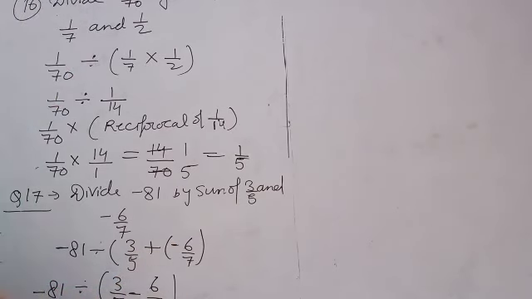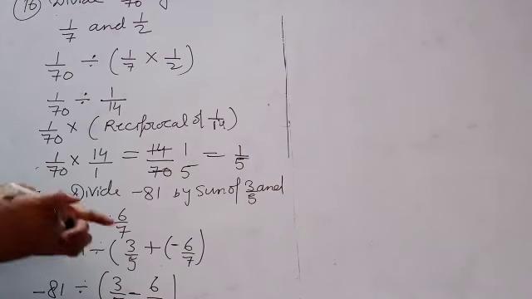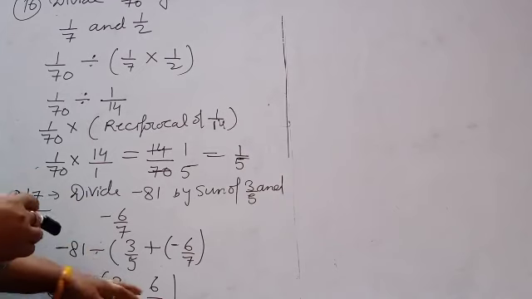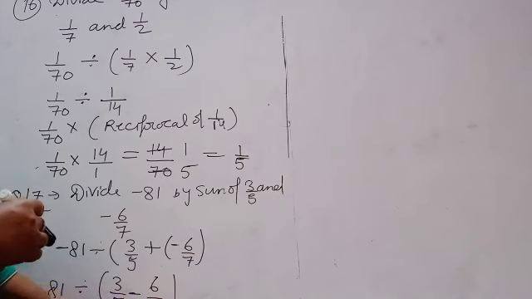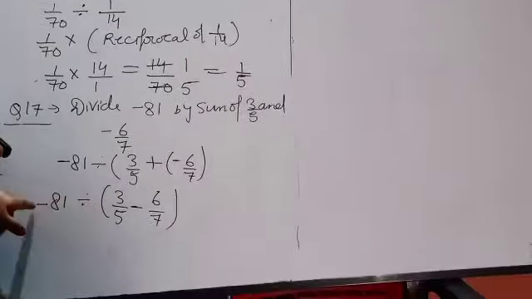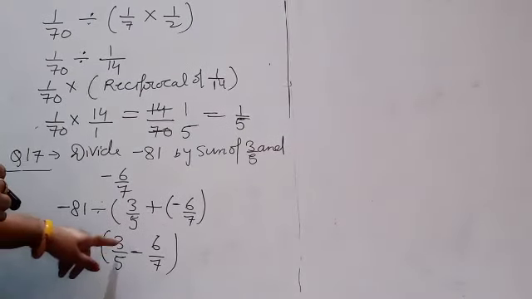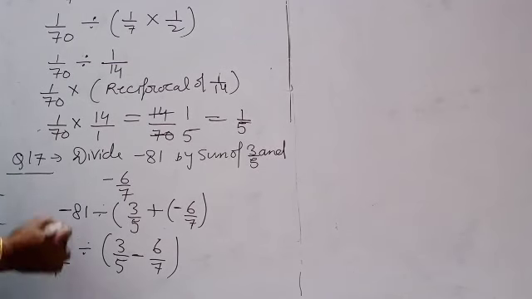Now what will you do? First of all, you will simplify this by taking the LCM, making the denominators equal, then doing the subtraction. In this way, you first find the second bracket, and after simplification you will get one rational number. Then you will divide minus 81 by 3 upon 5, whatever result comes. If you are confused, you can write minus 81 upon 1.